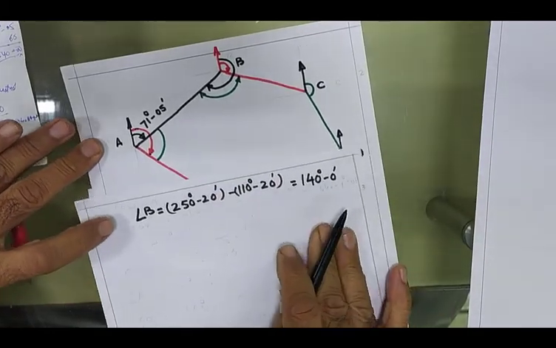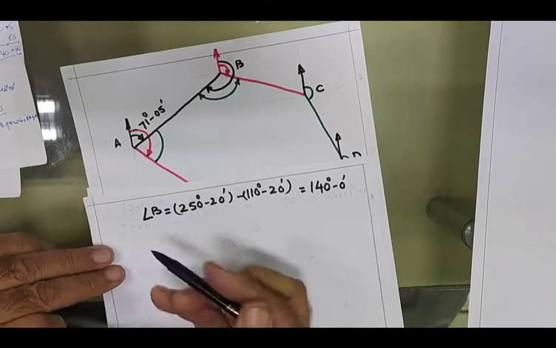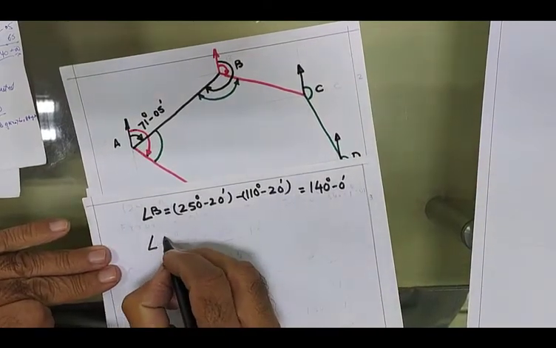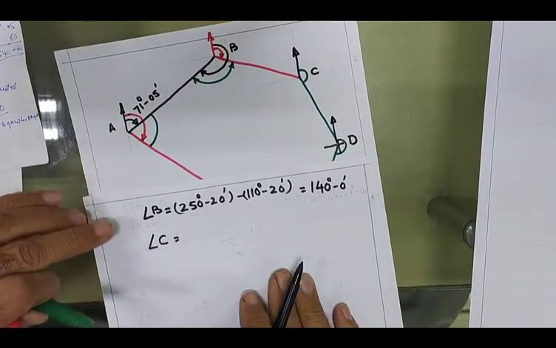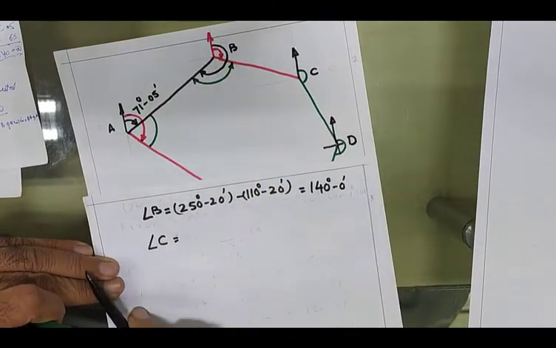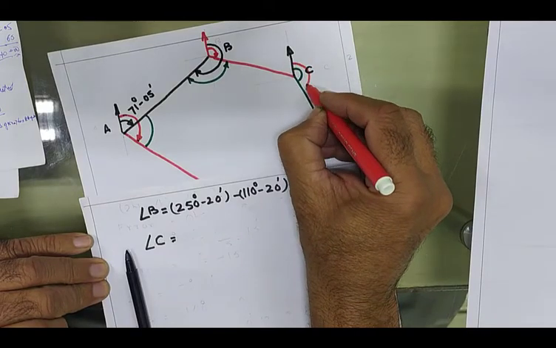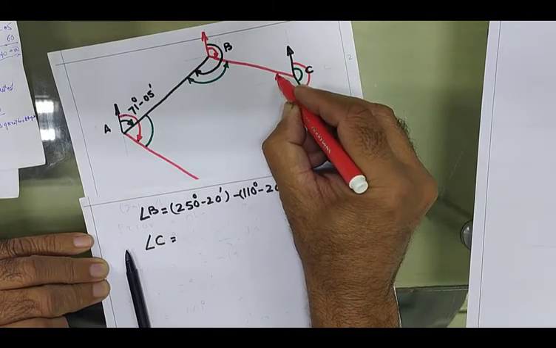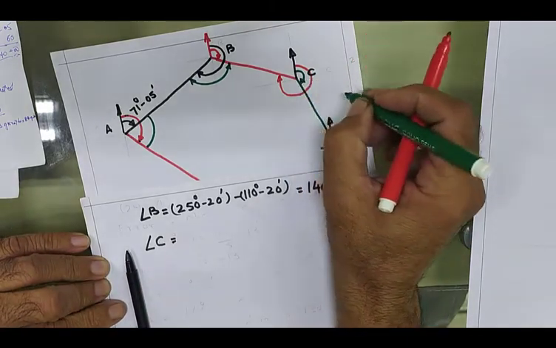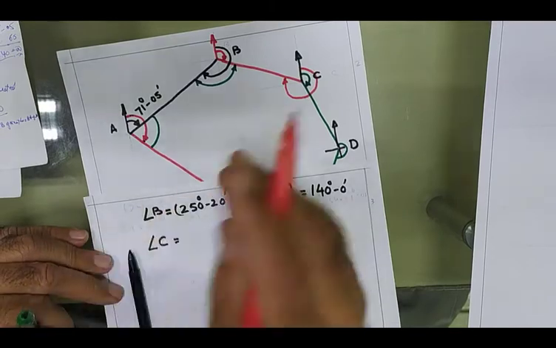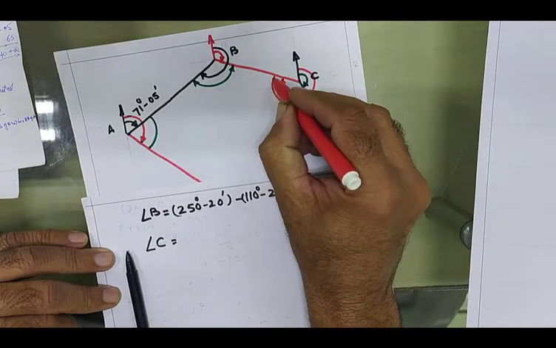Similarly, when I am going over point C, again I have the angle C. So I have to take the back bearing of line BC. This much is the back bearing of line BC. From here you can deduct the forward bearing of line CD. The remaining angle will be the angle C. This I have to calculate.